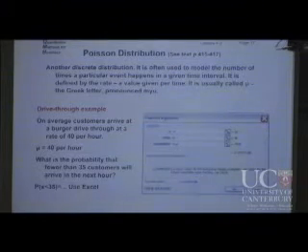Some books use different terminology, some use lambda instead, and sometimes lambda is 1 over mu, and sometimes what they call mu is actually 1 over what we call mu. But this is correct for what we're doing, and it is correct for using Excel.